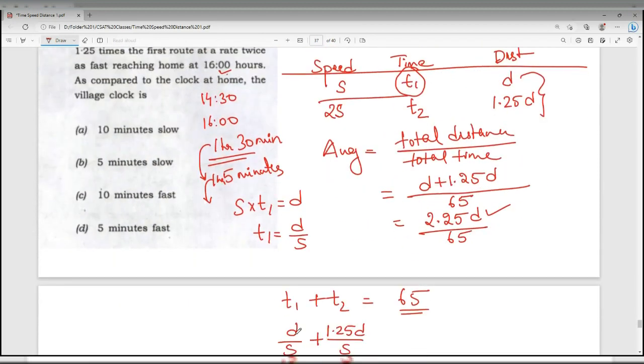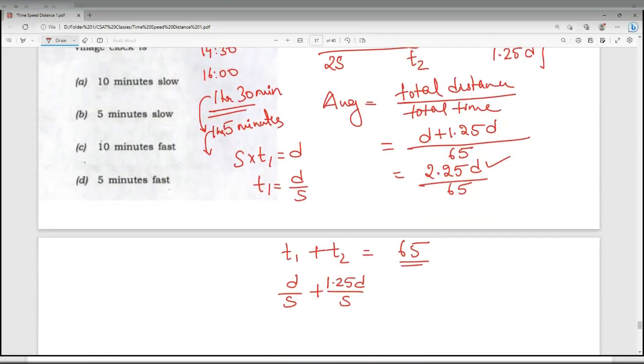I hope till this you have understood why T1 plus T2 is 65.